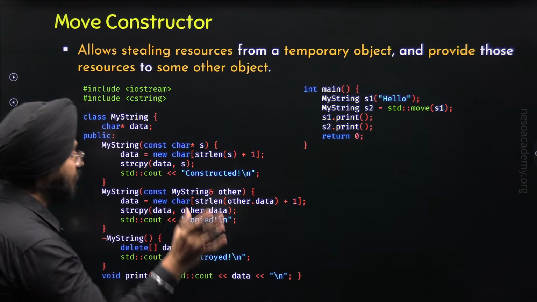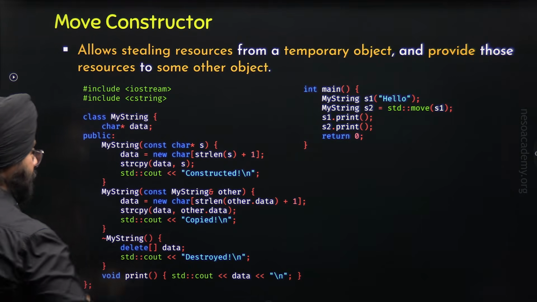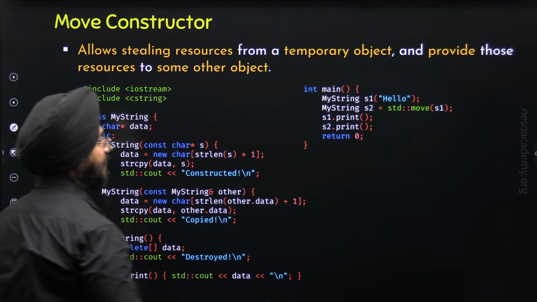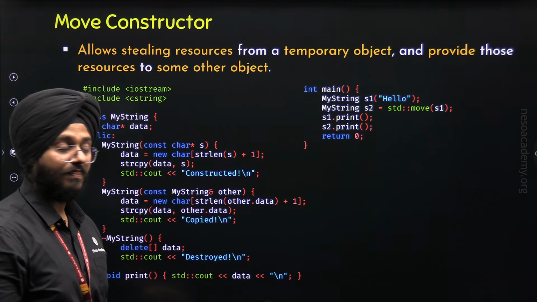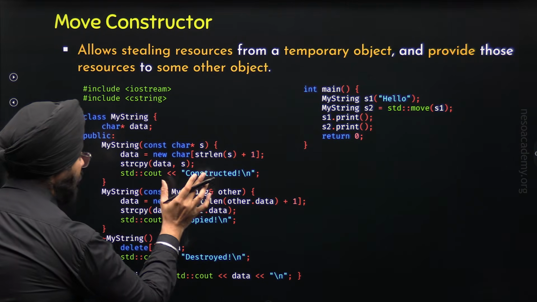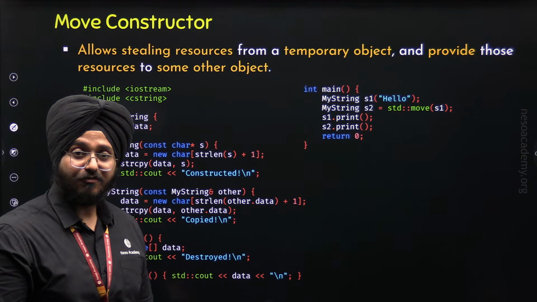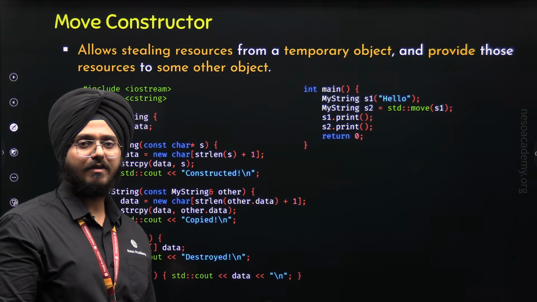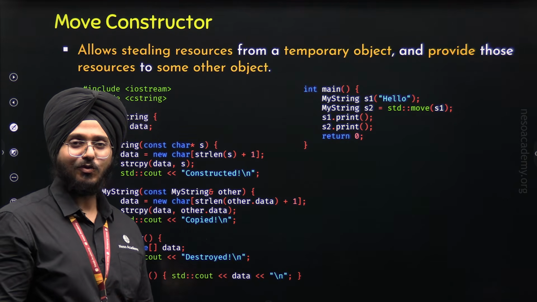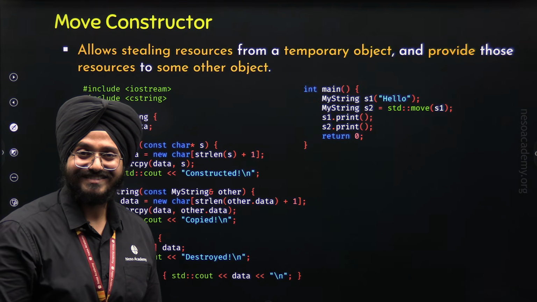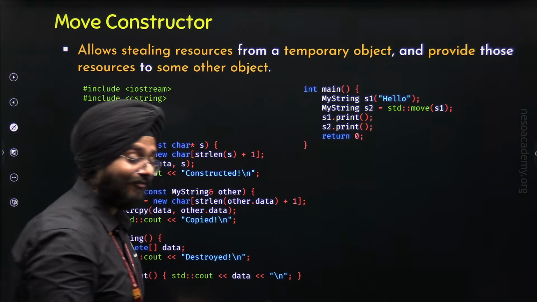Now, we need to define the move constructor in place of this copy constructor. We know that S1 is now treated as a temporary object. Therefore, we need an rvalue reference here. We need an rvalue reference because an rvalue reference can bind to an rvalue, and an rvalue is a temporary object. So, this temporary object is an rvalue.